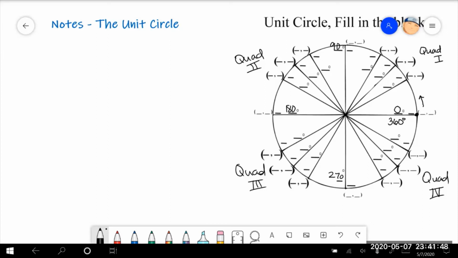Okay. And so as we try to fill out the smaller ones, again, I'm hoping that you remember your special right triangles. And we've got 3 of them, and we'll talk about them more later. We've got the 30. We've got the 45. And we've got the 60.